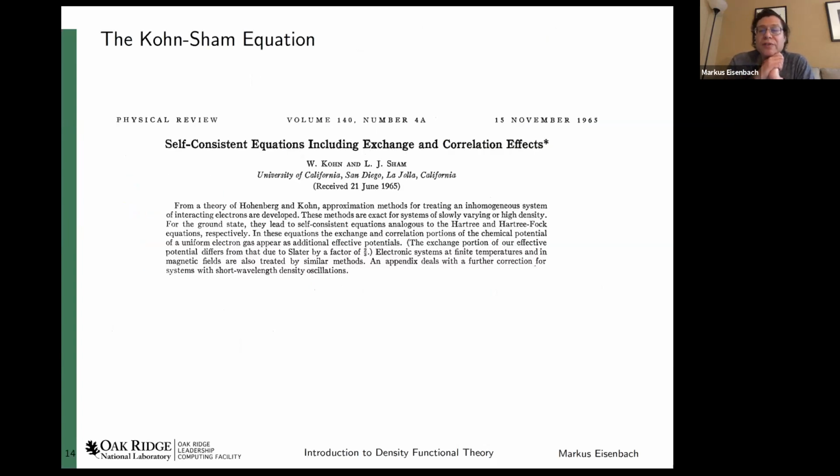So for practical methods, the huge majority of all DFT calculations are based on what Kohn and Sham did in the paper that came out about a year later in 1965.